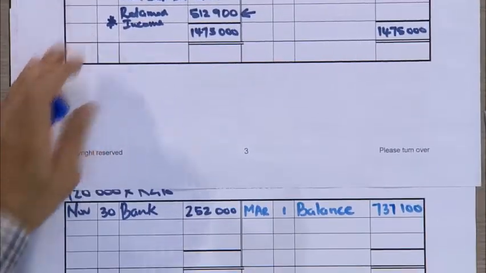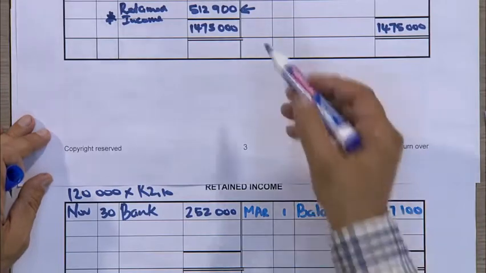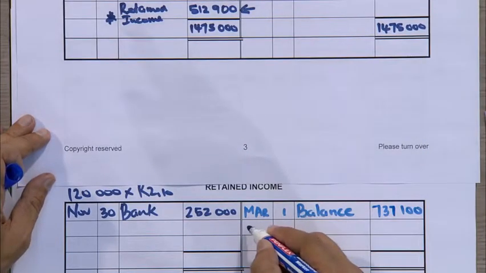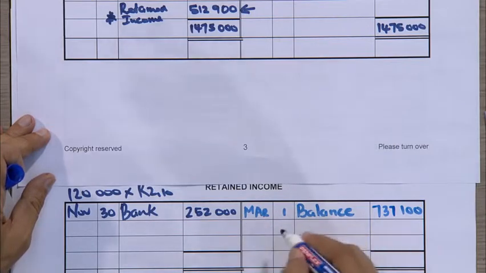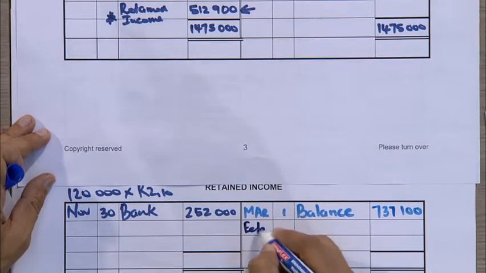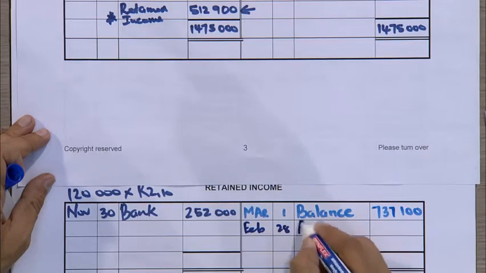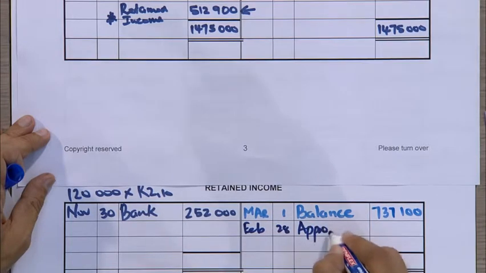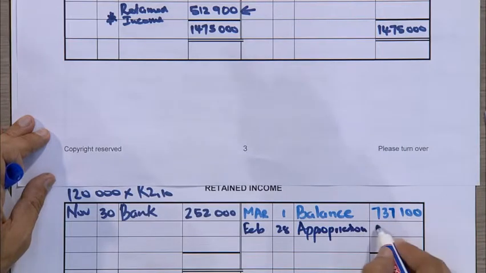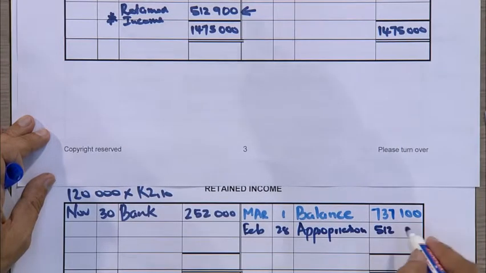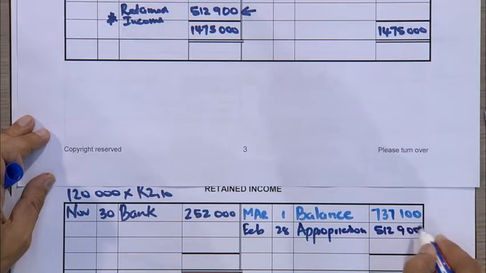So when we're coming back to the retained income, there we go. The figure for the appropriation will then just be Feb 28, 512,900.